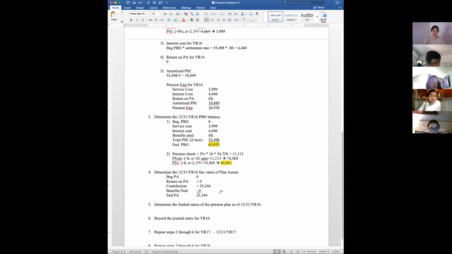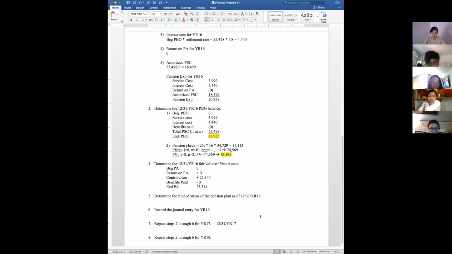All right. Now, number 5, determine the funded status of the pension plan as of December 31, year 16. Funded status: if you have greater PBO or plan asset, that's the funded status. If you have greater liability, greater PBO, then your fund is underfunded. If your plan asset is greater than PBO, then your fund is overfunded.